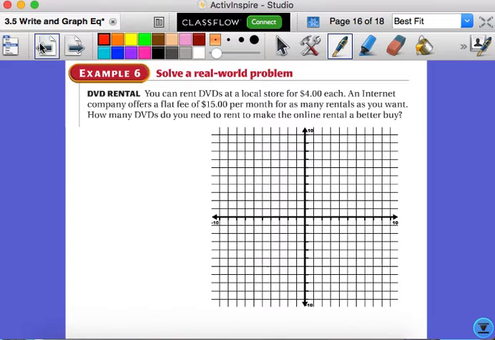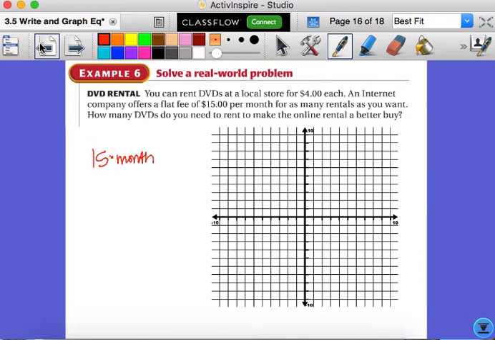So you can rent a DVD at a local store for $4 each. They charge a $15 per month rate for however many rentals as you want. So with that, we're going to have to pay $15 per month, right? So 15 times the number of months. And we're going to rent for $4.